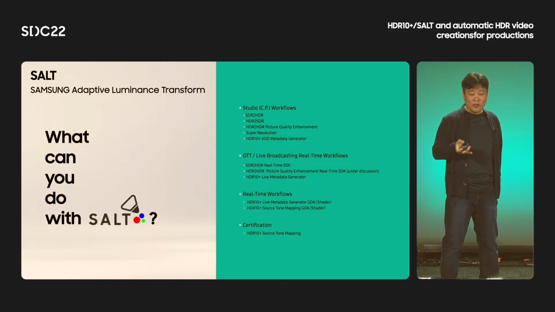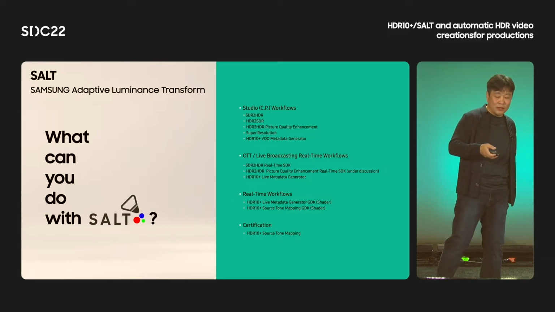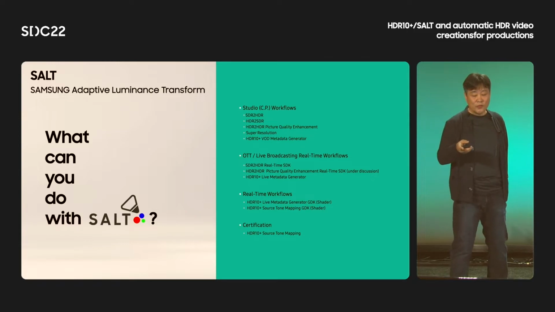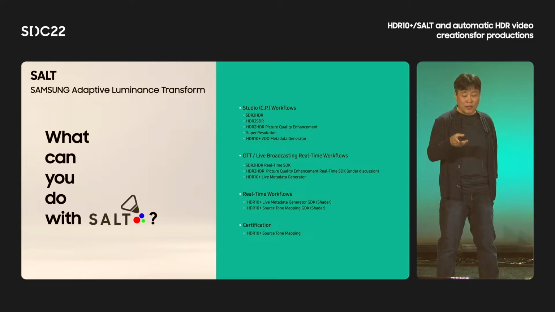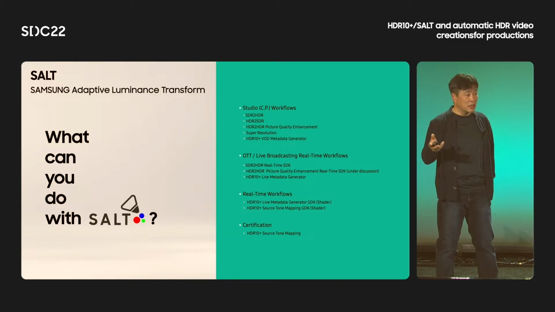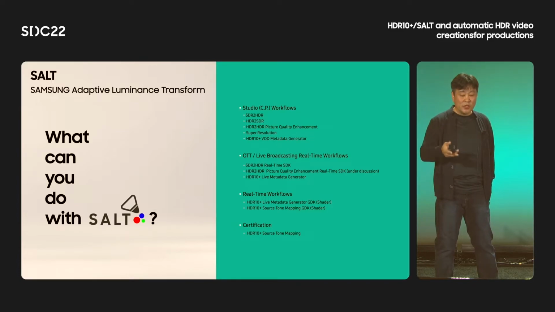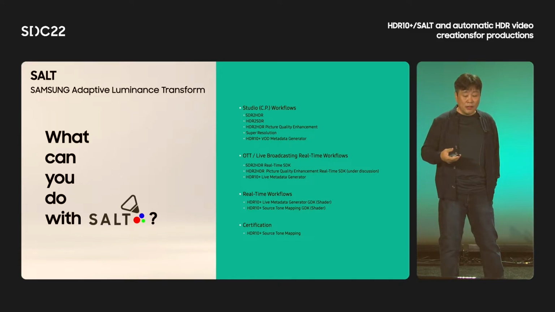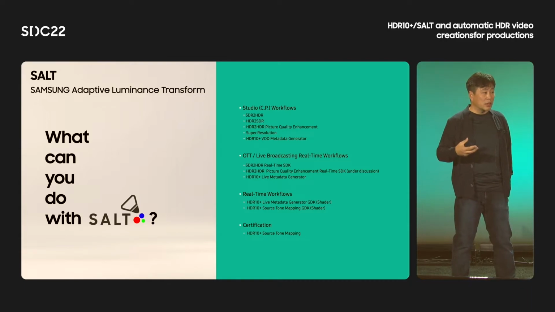Based on that kind of solution, you can utilize it for the studio workflow, like SDR to HDR conversion, HDR to SDR, HDR to HDR, and super resolution, and VOD metadata generation for HDR10 Plus content production. The OTT service uses a similar mechanism, but more like real-time operation, and something like a live operation with game shaders.